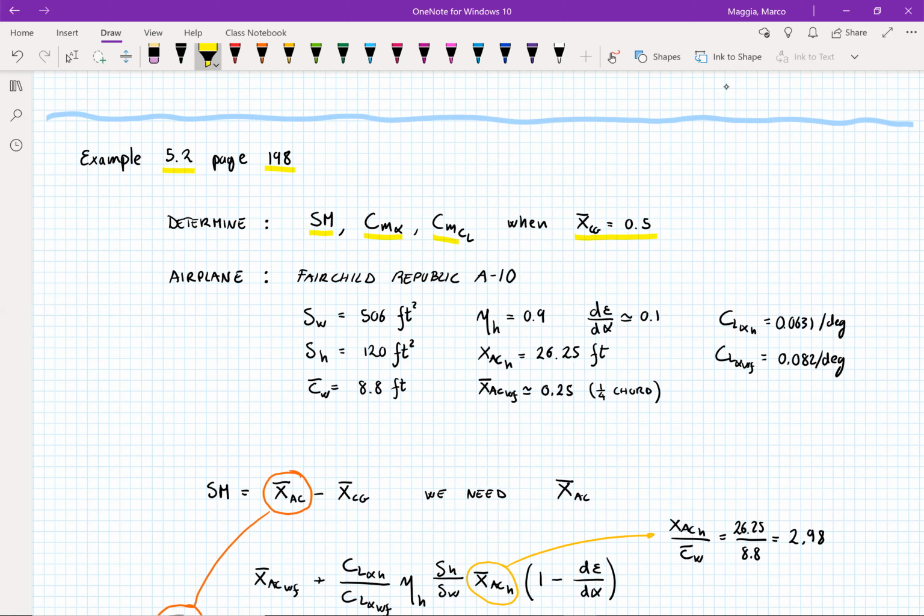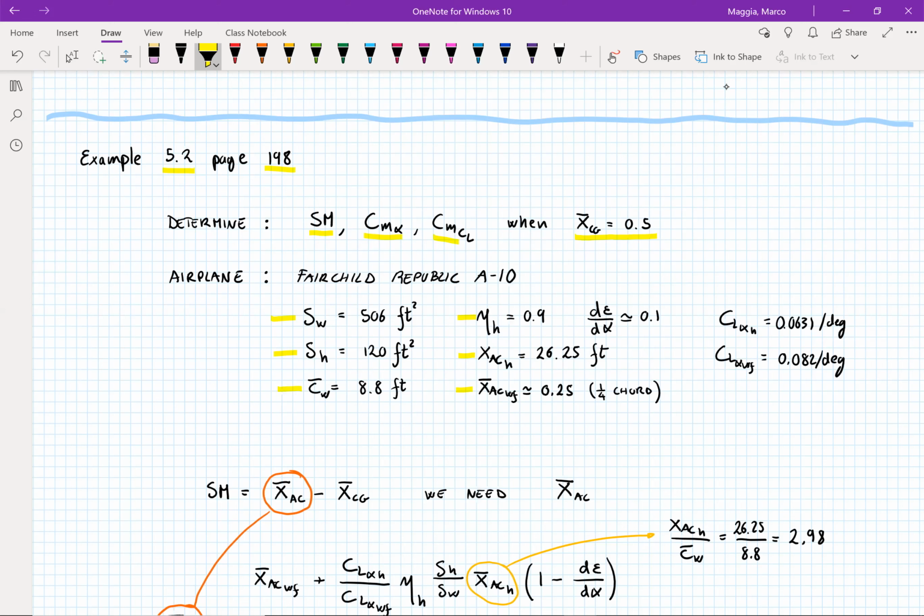And we're given a few more data. We're given the wing surface, we're given the horizontal tail surface, the mean wing chord, we're given the parameter eta h, the non-normalized location of the aerodynamic center of the horizontal tail, and we're assuming that the normalized aerodynamic center of the wings and fuselage is at 1/4.